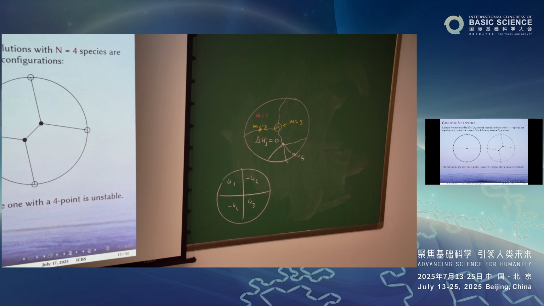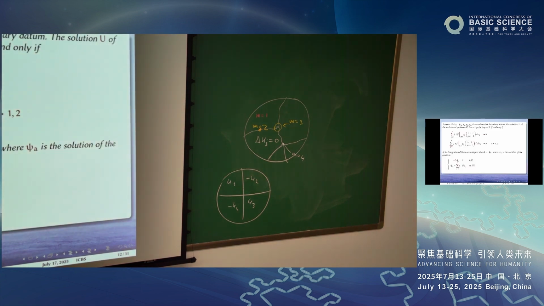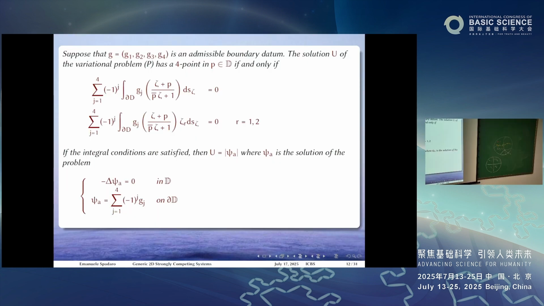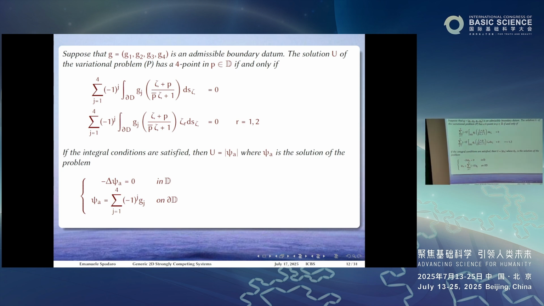So in order to have a quadruple point at the origin, you need to have average 0 at the boundary, and also the derivative should be 0 at the origin. So you have three equations in order to have such a quadruple point.